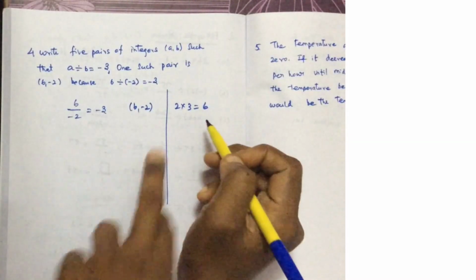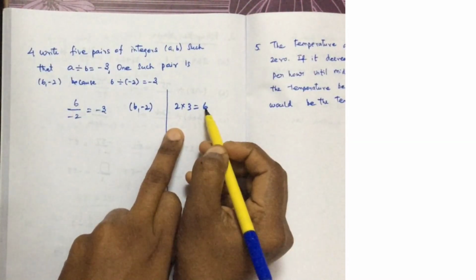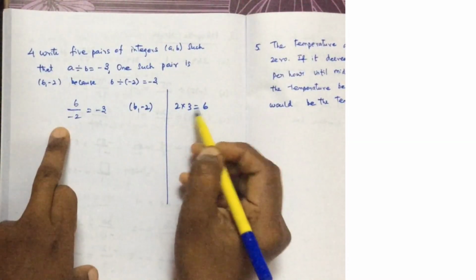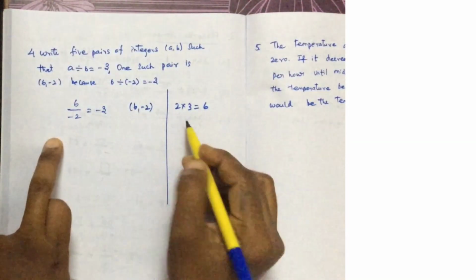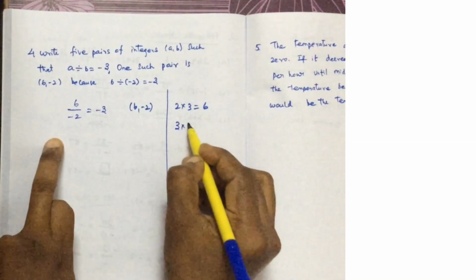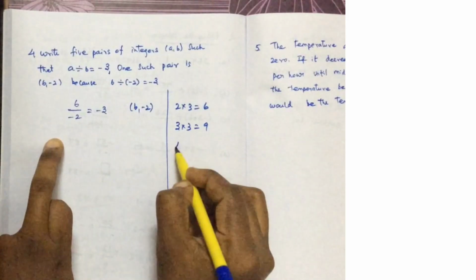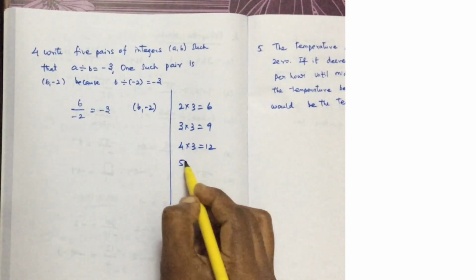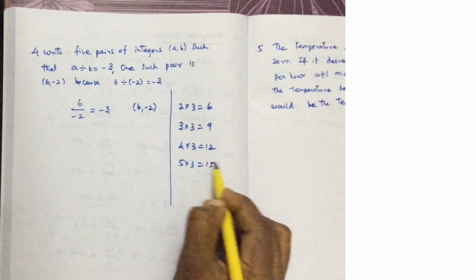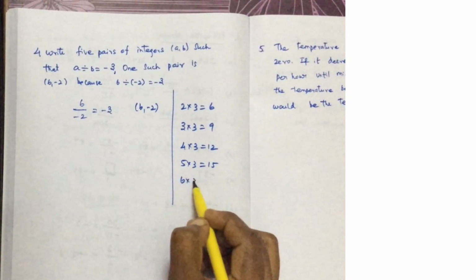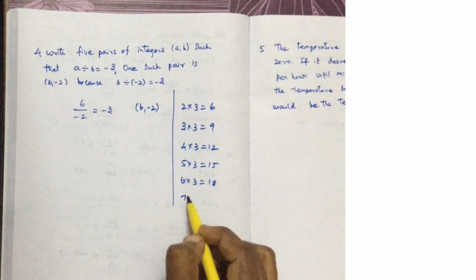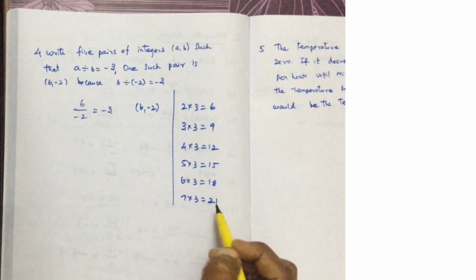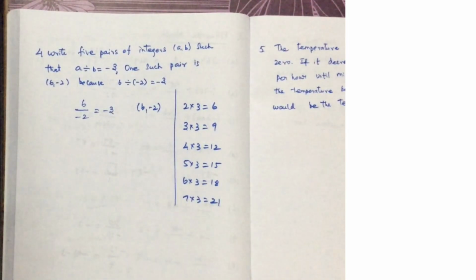From this you can write 6 divided by 2 is 3. Similarly, you can write 3 3s are 9, 4 3s are 12, 5 3s are 15, 6 3s are 18, 7 3s are 21. Like that you can write.